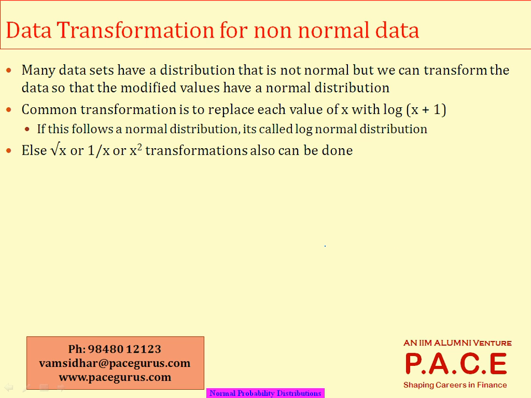In case the data is not normal, it is very much advised that you convert it into normal, because lots and lots of statistical analysis, including the estimations of various parameters, will depend on the basic assumption that the data is normal.